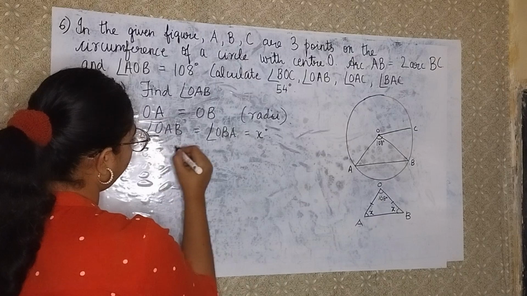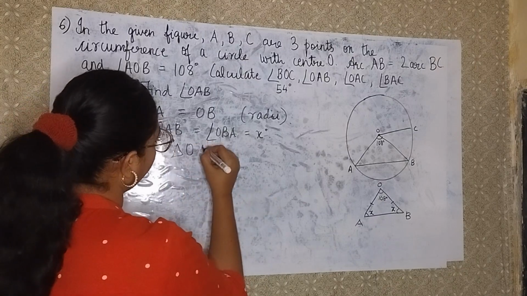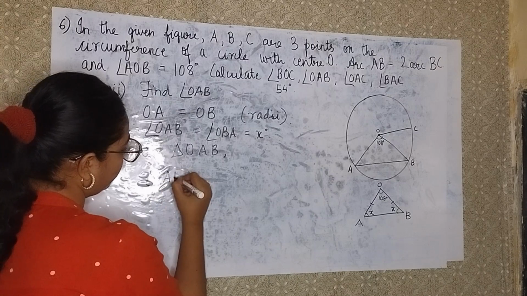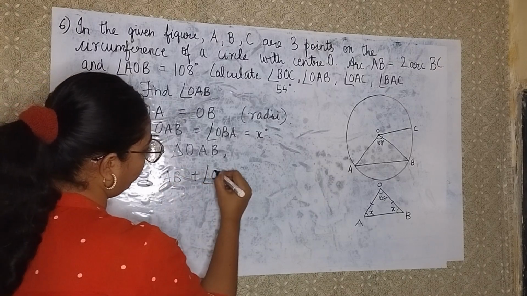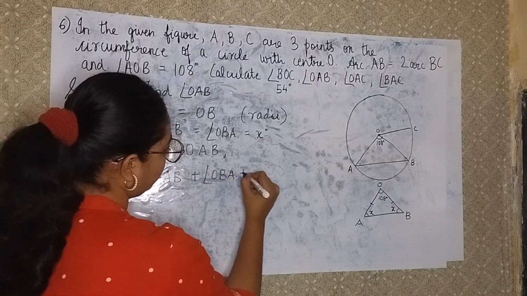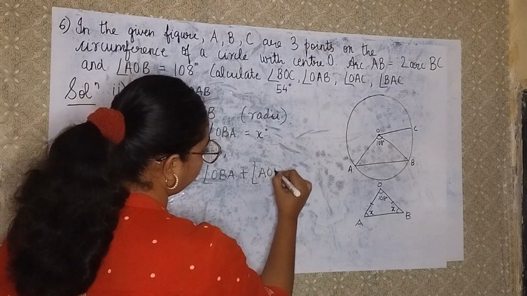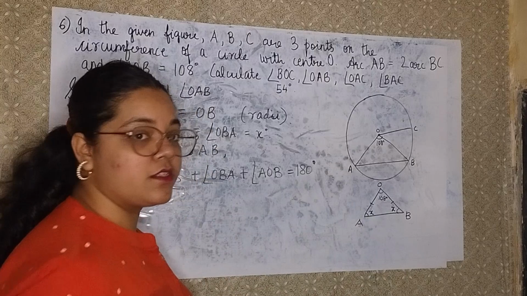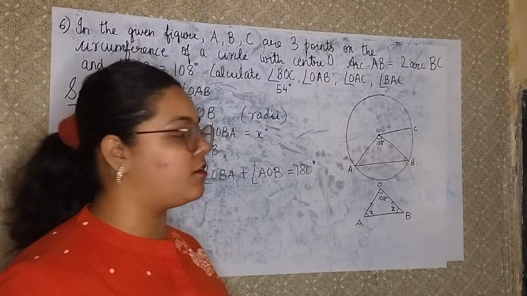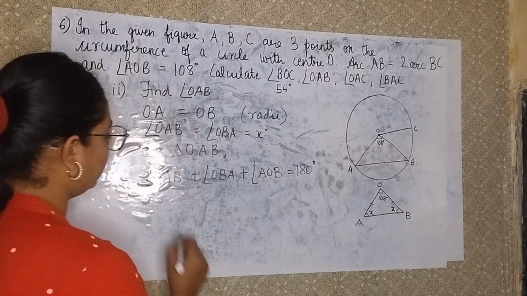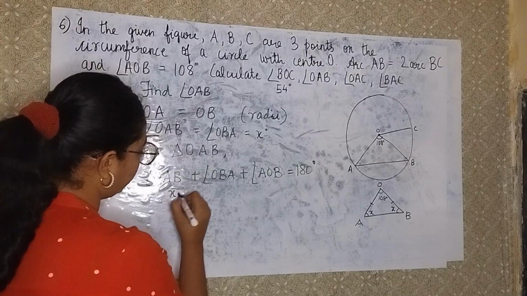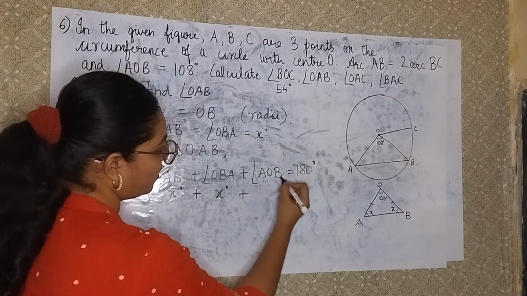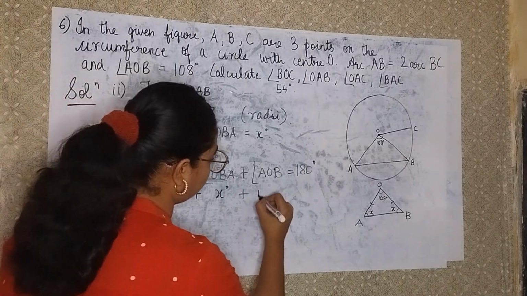Now, in triangle OAB, I have angle OAB plus angle OBA plus angle AOB equal to 180 degrees, and you know what the reason is. You can comment down below the reason for 180 degrees. So X degrees plus X plus 108 degrees.